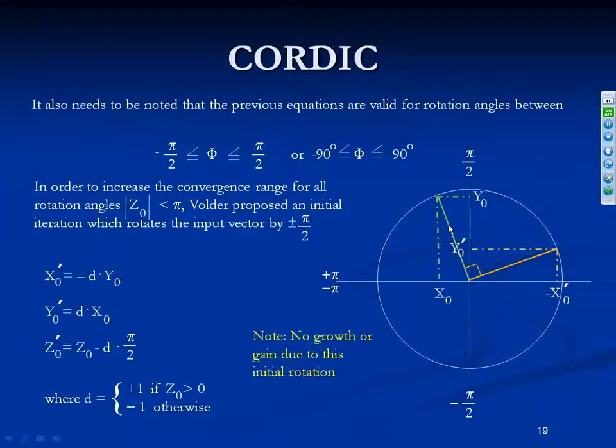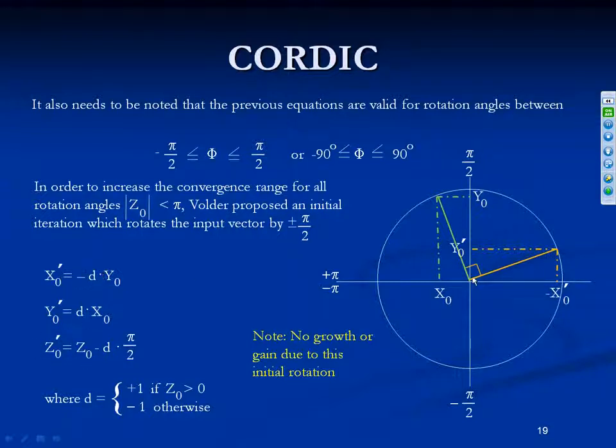So we do that by subtracting 90 degrees, and that's what this equation right here is. z0 prime equals our initial angle minus d times pi over 2. So since d is a 1 if the angle is greater than 0, then we're going to subtract pi over 2. Okay, so if this were, say, 90 plus 10, then this would just be 10 degrees now. So that would be our new angle.